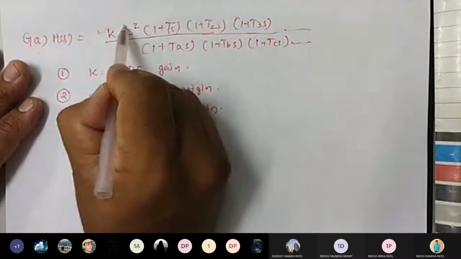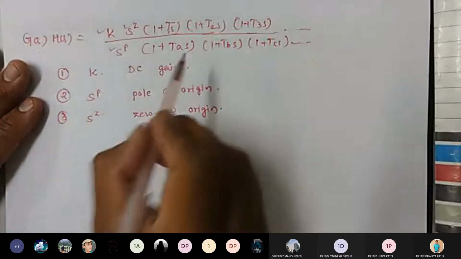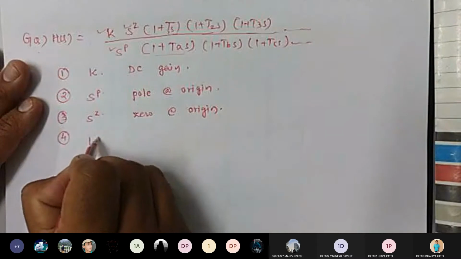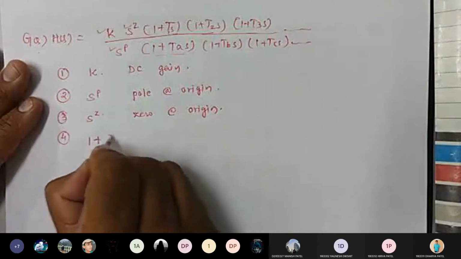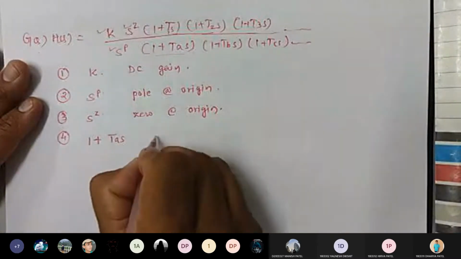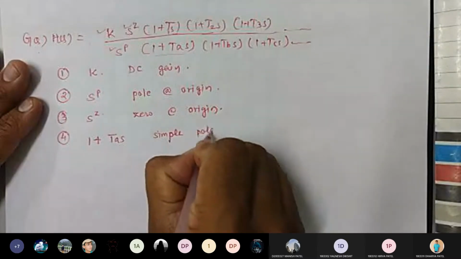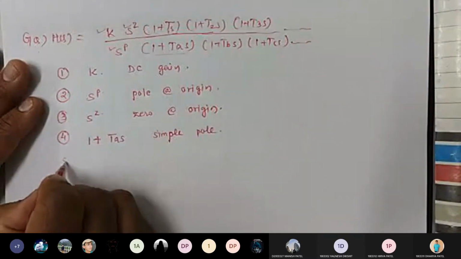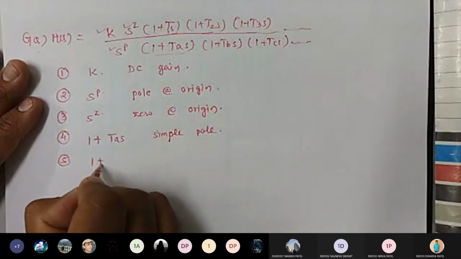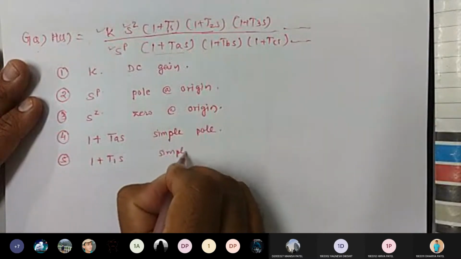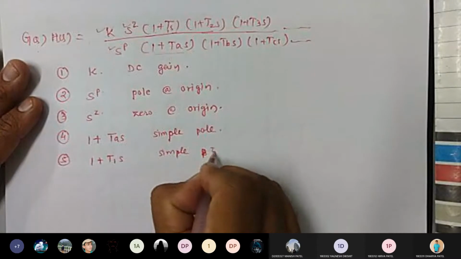Okay, this is done. I am taking this fourth part, 1 plus Ta into s, and I am giving it the name simple pole. Fifth part, 1 plus T1 into s, simple zero.